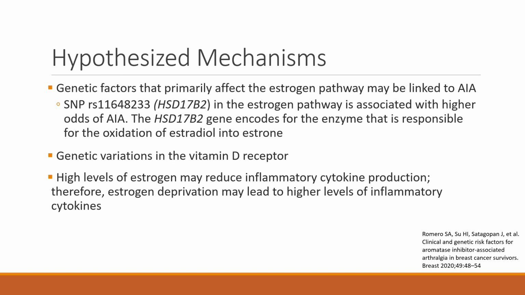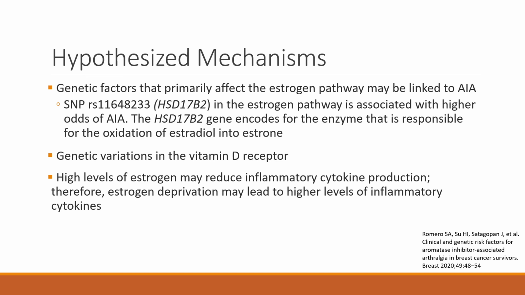There's a single nucleotide polymorphism that encodes for the gene HSD17B2 in the estrogen pathway that's associated with higher odds of developing arthralgias associated with aromatase inhibitors. This gene encodes for the enzyme that is responsible for the oxidation of estradiol into estrone.